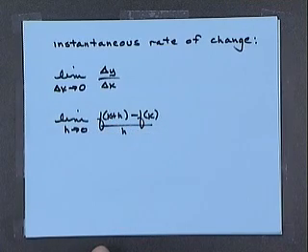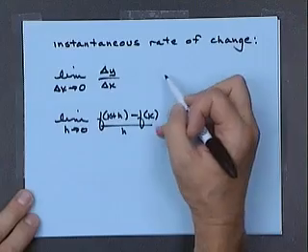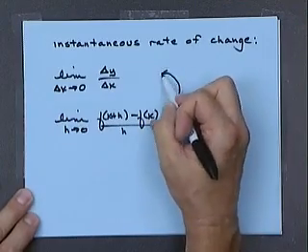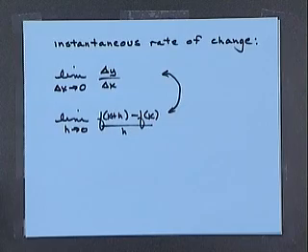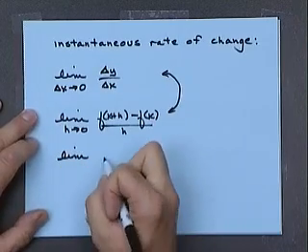Wasn't h the change in x, right? We went from the first point to the second point by moving over h units. h was the change in x. So these two things really are saying the same thing. And there is another one here. Let's just validate that it, in fact, says the same thing.